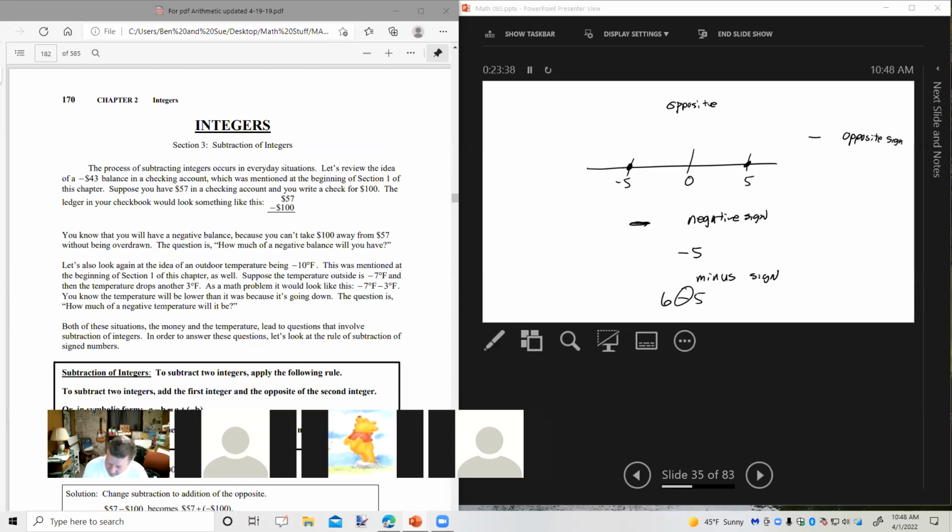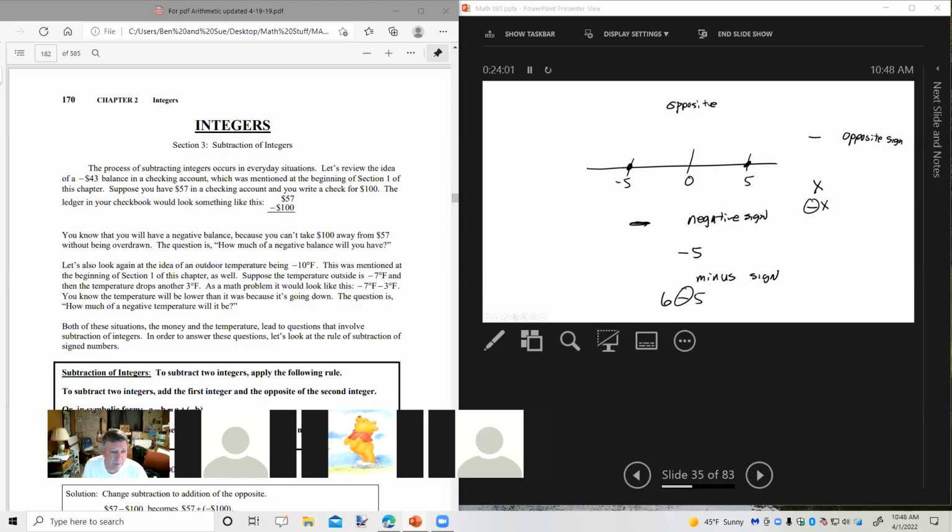For instance, let's say I have a variable x that represents some number. If I put this sign in front of it, this is now the opposite of x. Whatever x is, putting this sign in front, it now becomes the opposite. We'll deal with that as we go along.